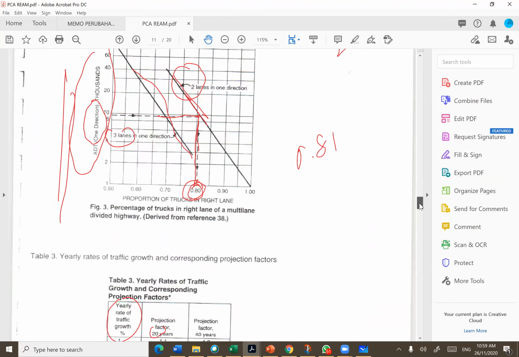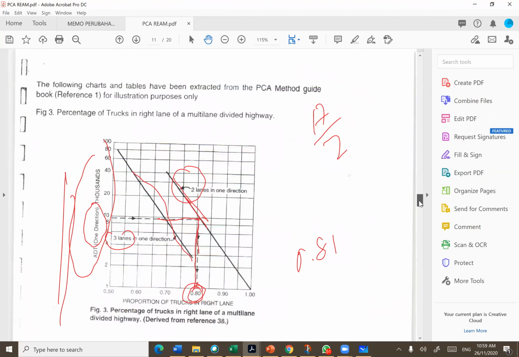But I would say if they use 4 lanes or 3 lanes and above, I think they will use the 4-lane proportion. If you have more than 3 lanes per direction, they will use this one.